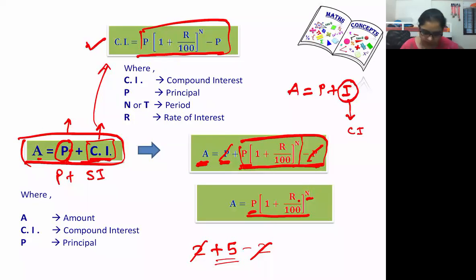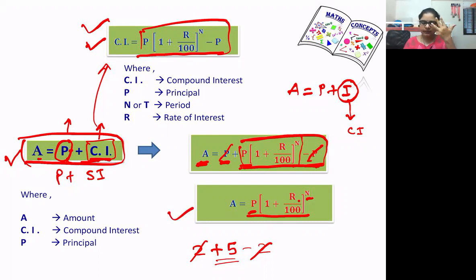Okay. So you have to remember formulas for simple interest, then this formula for amount, this formula for compound interest, and this formula for amount. Four formulas you have to remember.